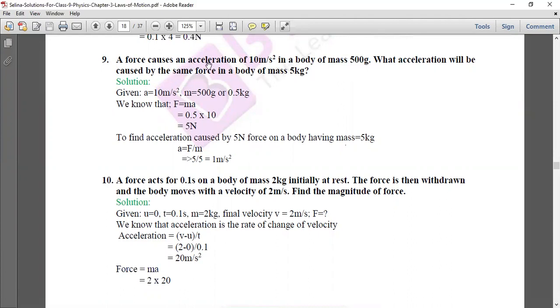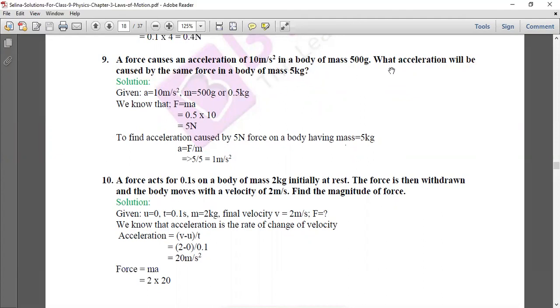Write down: the acceleration is 10 meter per second square in a body of mass 500 gram. Convert it into kg by dividing by 1000, so m is 0.5 kg. So what acceleration will be caused by the same force in a body of mass 5 kg?